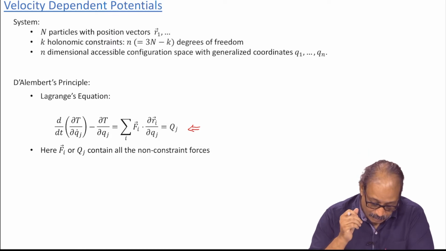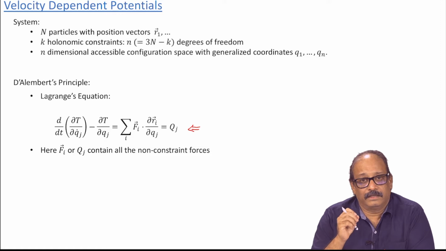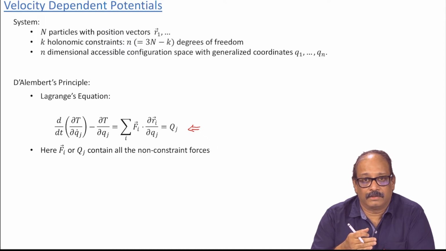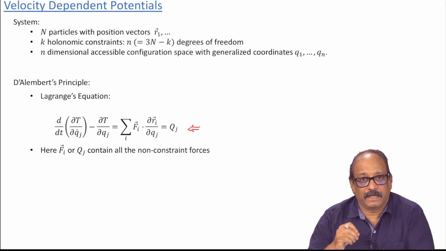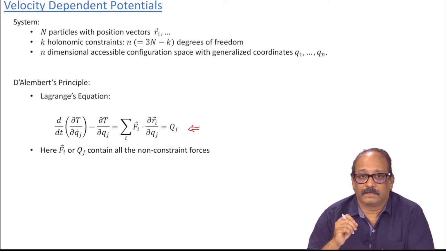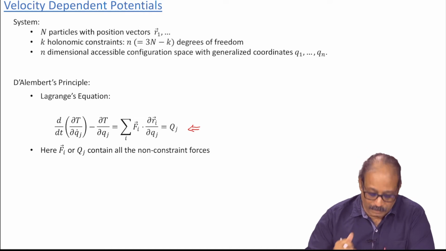And the right hand side contains only the non-constraint forces. Remember, we have already used the constraints, that means now we are not going to incorporate on the right hand side the constraint forces. Remember, D'Alembert's principle tells us that the net work done by the constraint forces is 0, which means I do not have to consider those forces in my calculation.